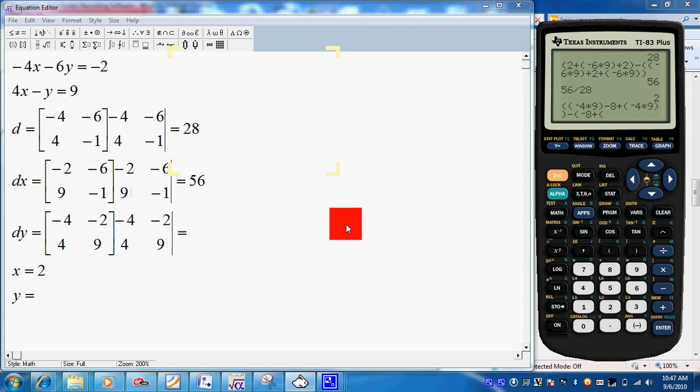And then our last one, negative 2 times 4, which is negative 8. Which gives Dy the value of negative 28.